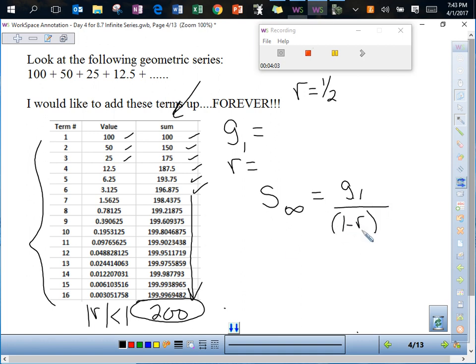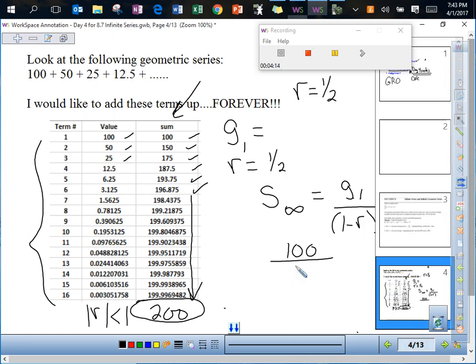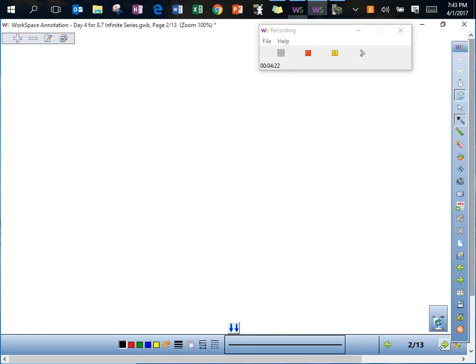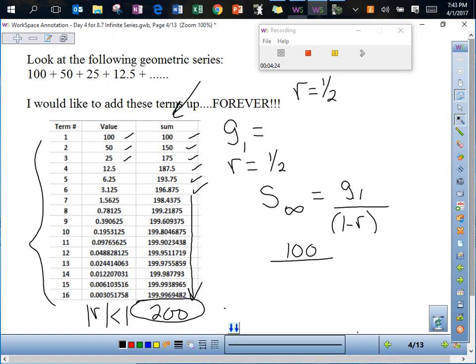So check this out. G sub 1 is 100. 1 minus R, my R value happens to be 1/2. 1 minus 1/2 is 1/2. And I'm back. So I got 100 over 1/2.